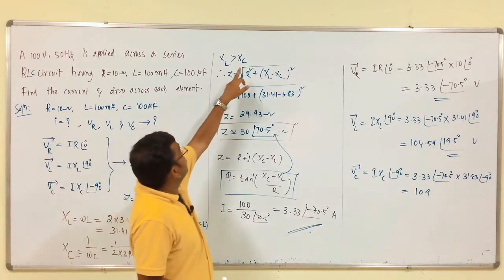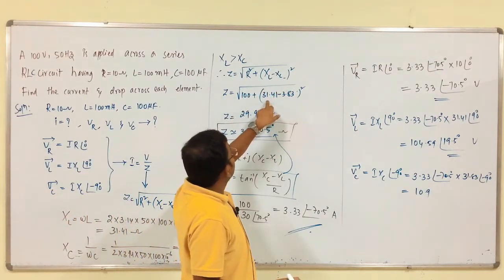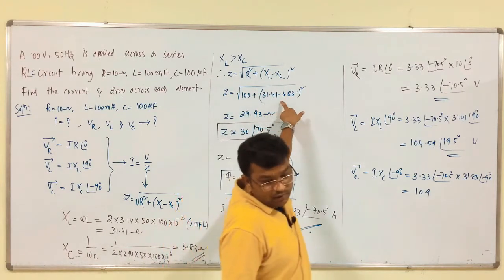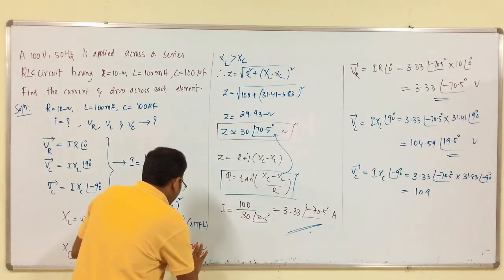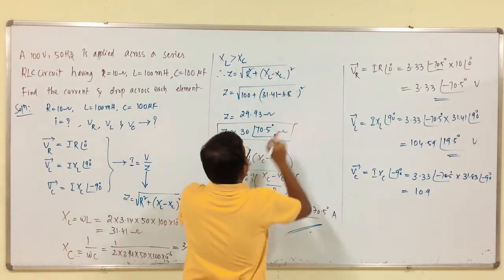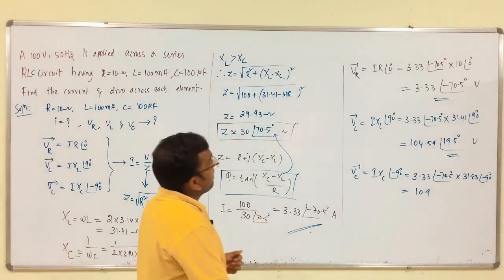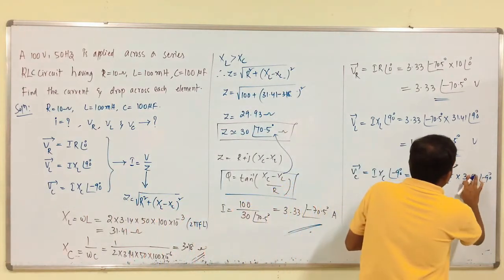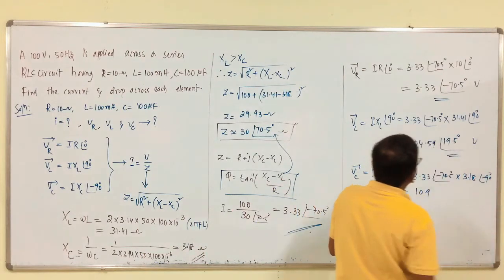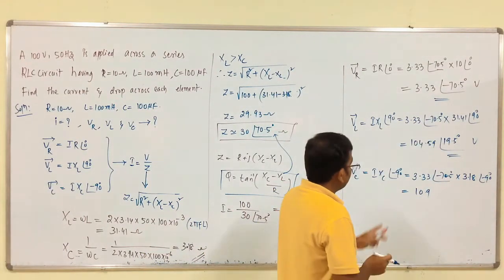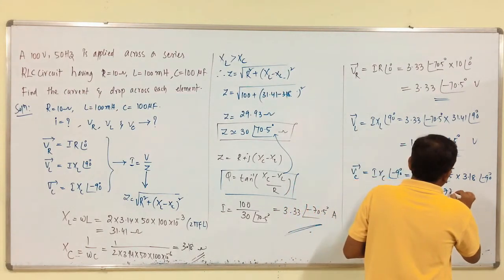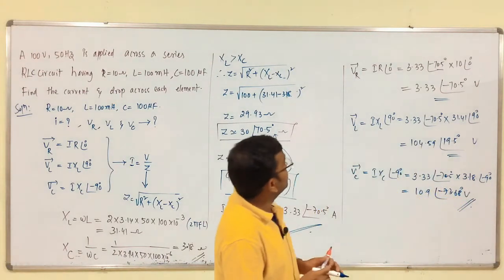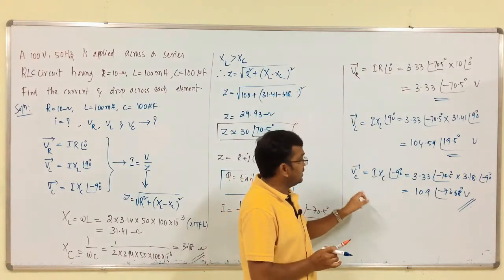That is XL is more than XC, that is XL minus XC whole square, 31.41 minus 3.83 whole square, right. 3.18, clear. Now it is 10.9 at an angle minus 73.68 volts. This is about voltage drop across R, L, C.